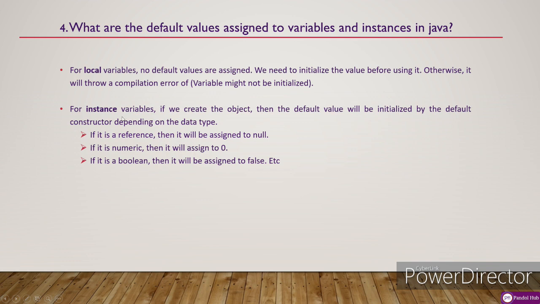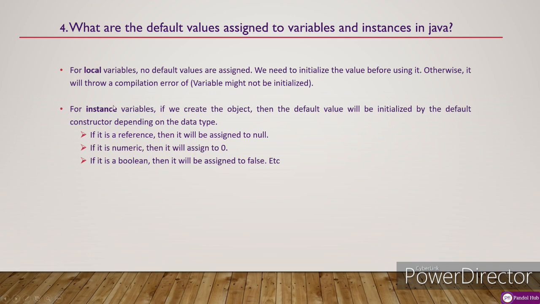But coming to instance variables, if we create the object, then the default value will be initialized by the default constructor depending on the data type. So for the instance variables in the class, the default values will be assigned by the constructor.